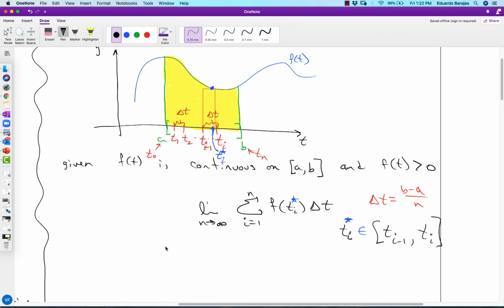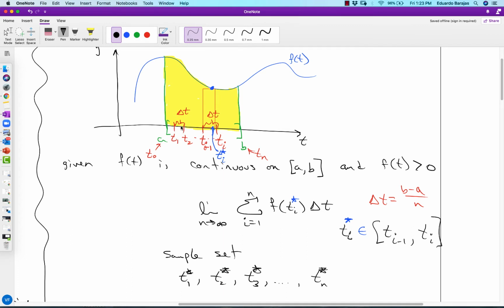We don't need it. So then we created a sample set: t sub 1 star, t sub 2 star, t sub 3 star, dot dot dot, all the way out to t sub n star. So this is a sample set where t sub 1 star is a value in this first rectangle. It's a random value somewhere in that base.